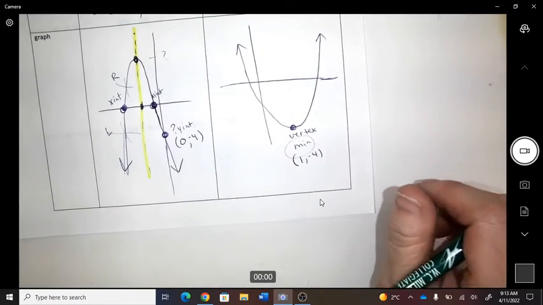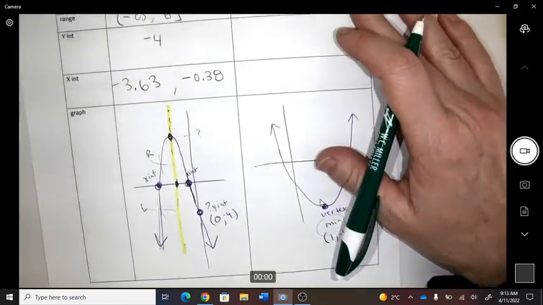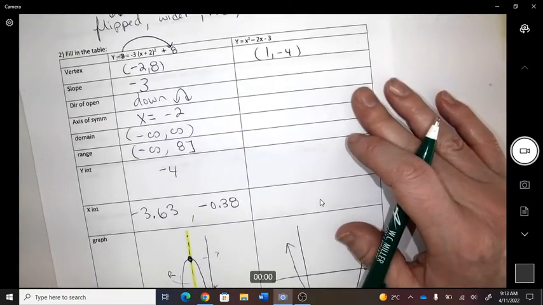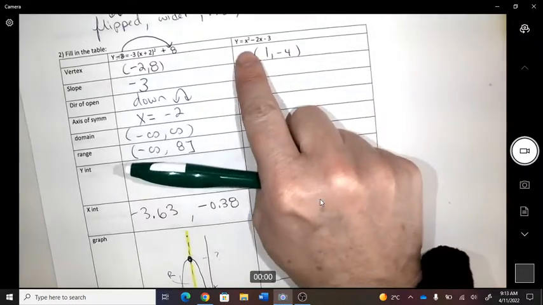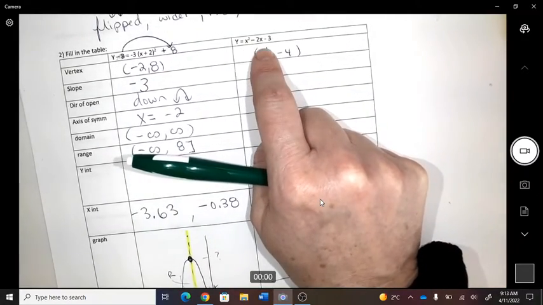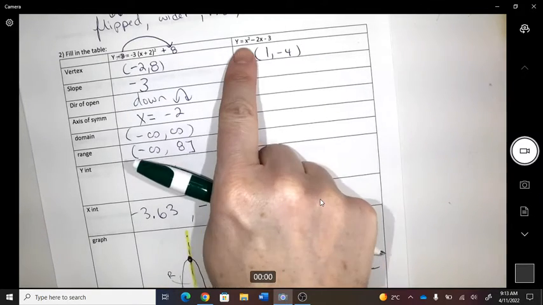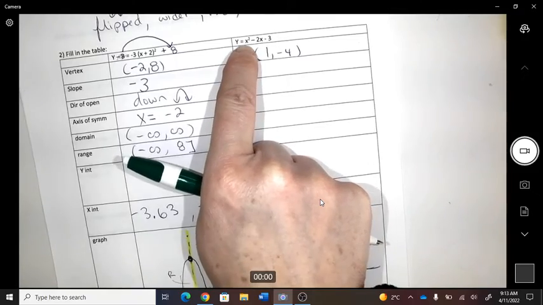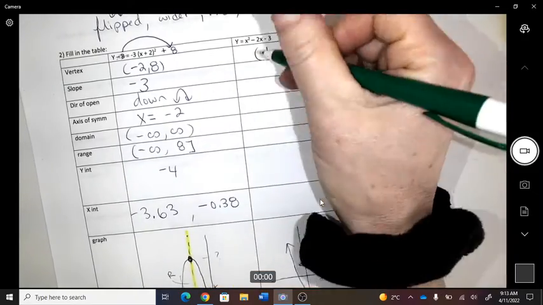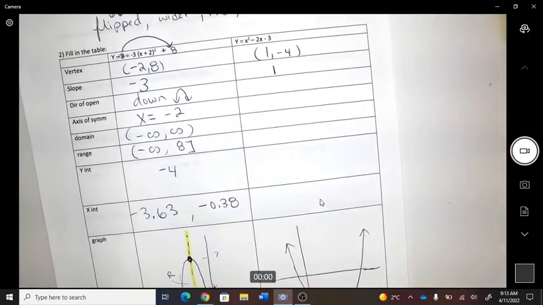Okay, slope. So the slope is, when I look at the equation, what's the multiplier? So the multiplier is how many x squareds? How many x squareds do you have? 1. You have 1. So the slope is 1.